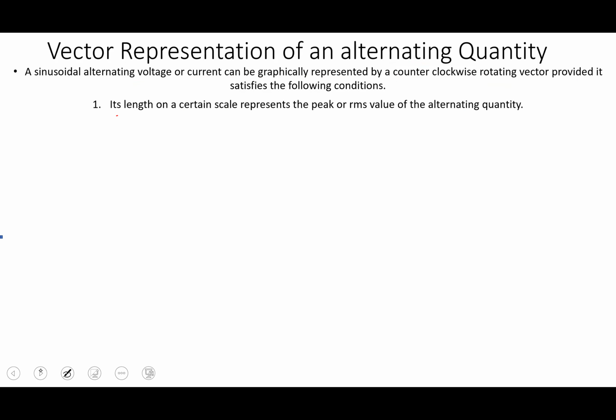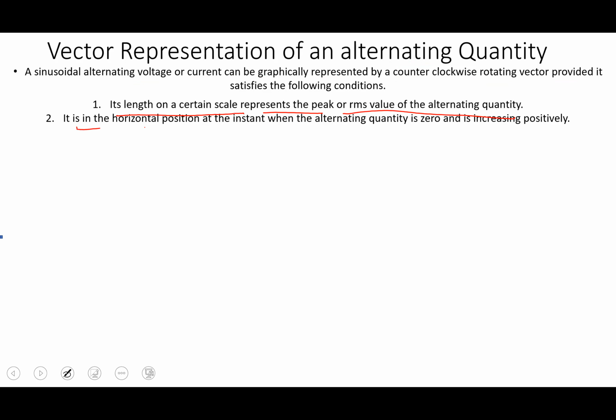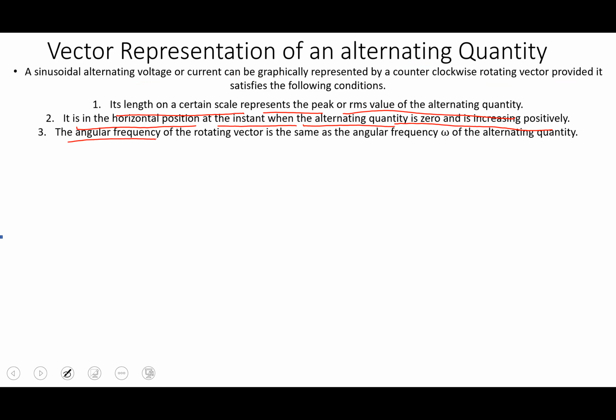Its length on a certain scale represents the peak or RMS values of the alternate quantity. We studied that. It is in the horizontal position at the instant when the alternate quantity is 0 and increasing positively. The angular frequency of the rotating vector is the same as the angular frequency omega of the alternate quantity.